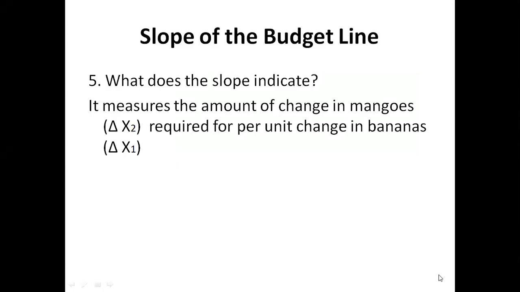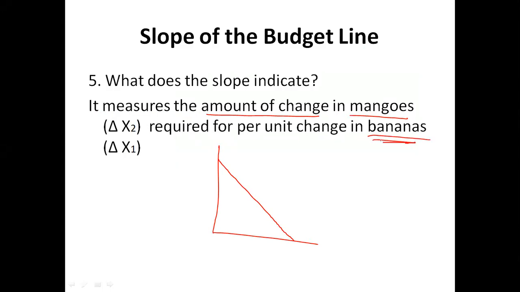Okay, slope of the budget line. Now I have said that this budget line is sloping like this. So what does this slope indicate? It measures the amount of change in mangoes required per unit change in bananas.